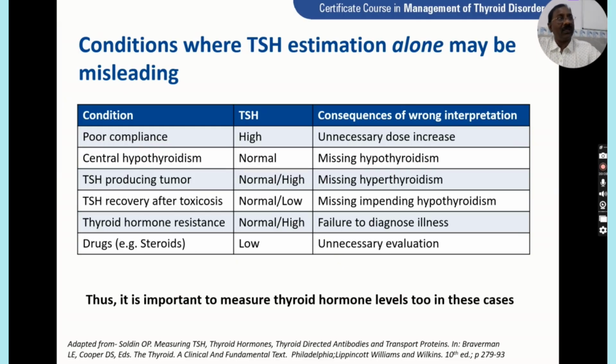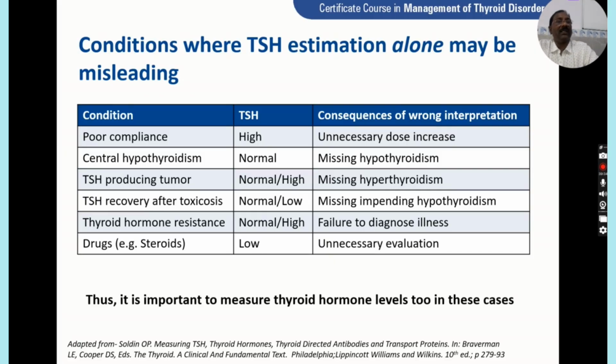You have to take every tablet early in the morning, take it regularly, and review after 3 months with TSH levels again. With poor compliance, TSH levels will increase. When the patient has good compliance and the TSH levels are high, increase the dose.